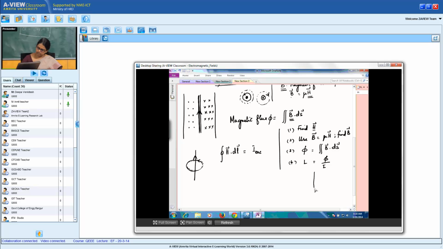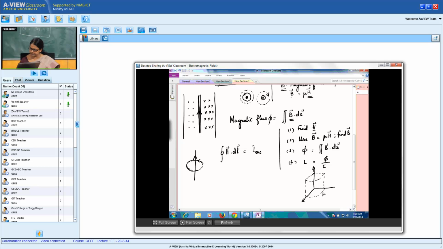Remember the cylindrical coordinate system we did yesterday. We use the same cylindrical coordinate system because the problem has cylindrical symmetry. If the problem had spherical symmetry, I would use spherical coordinate system.